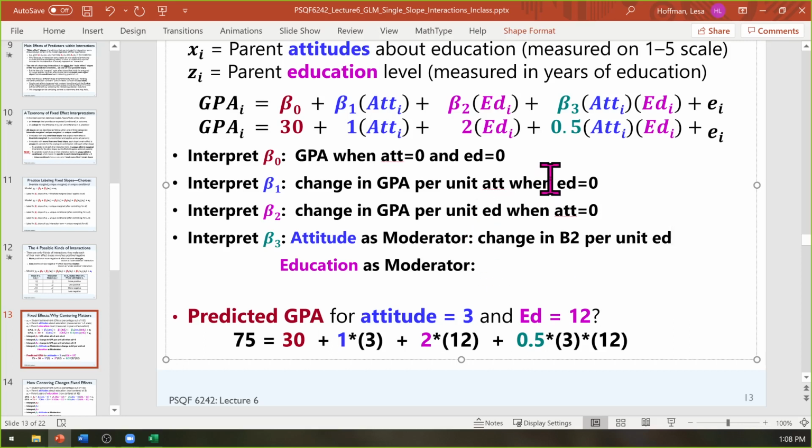And given the coefficients here, what happens is that the education slope is 2 when attitudes is 0. For every additional value of attitudes, that 2 becomes more positive by 0.5.